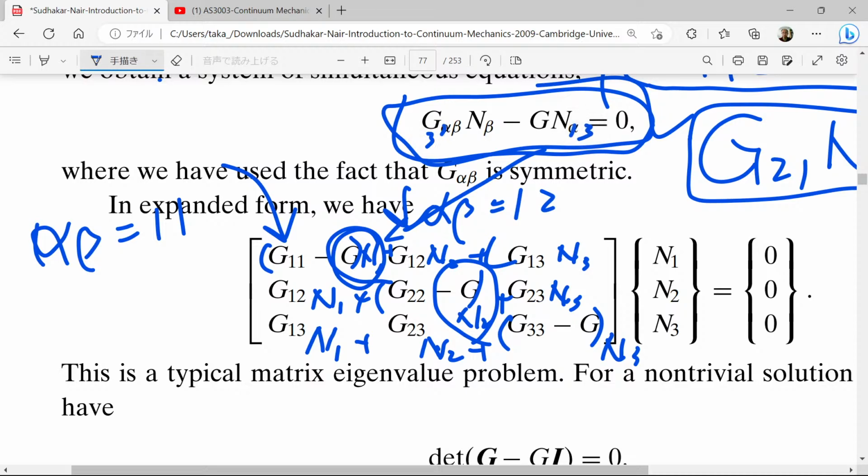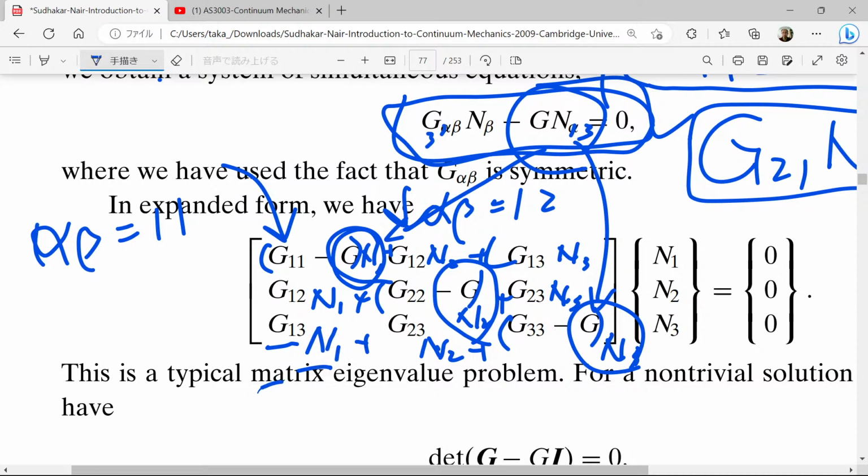What is this 3? So, let me see. You have this term here, g33. And otherwise, you just have g13n1.